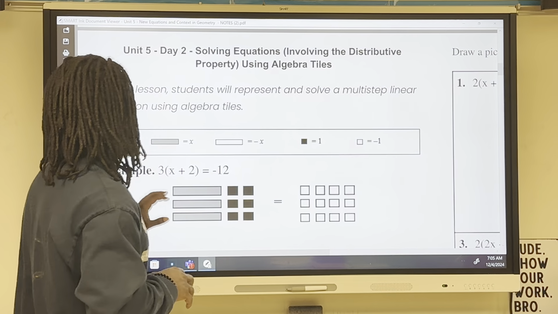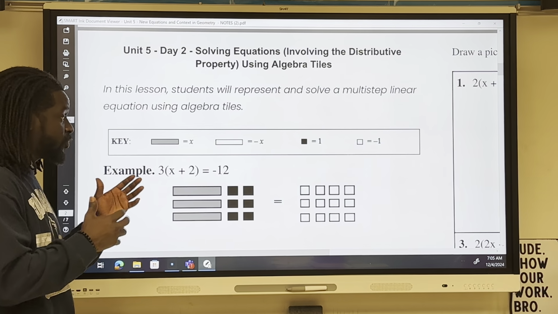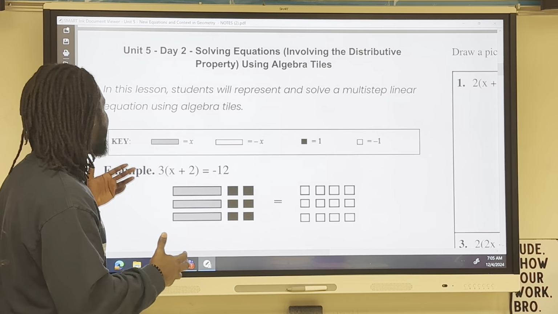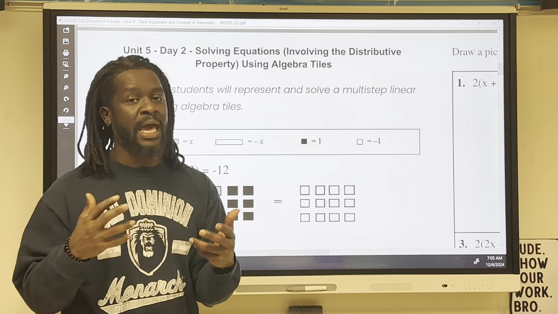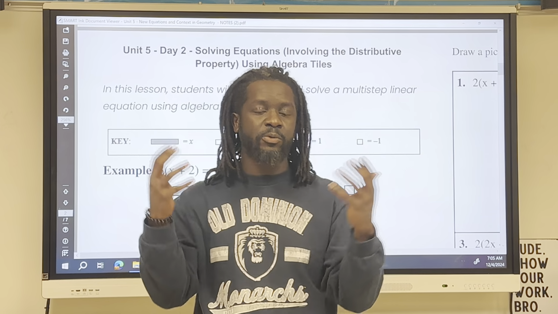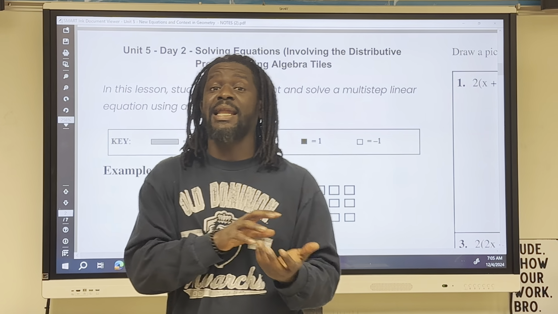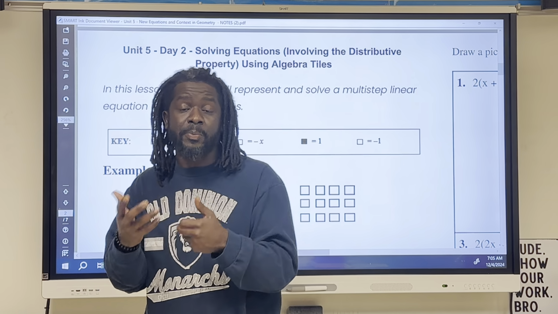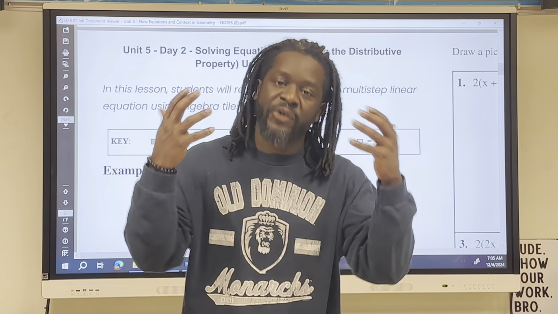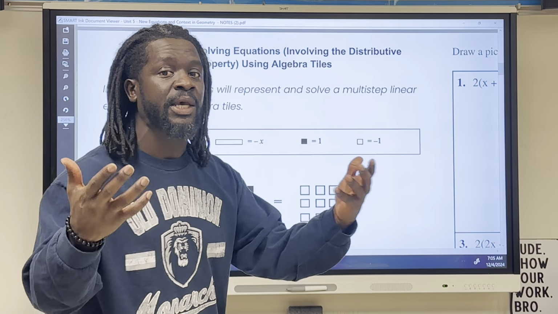Before we get started, I just want to draw your attention to this key right here. Last time, when we were looking at the algebra tiles, normally the lighter color represents the positive and the darker or shaded color represents the negative. Well, friends, unfortunately, that's not always true.